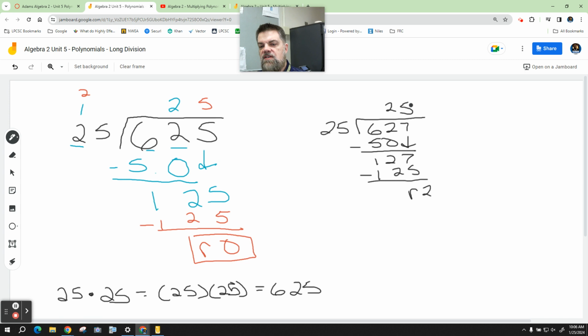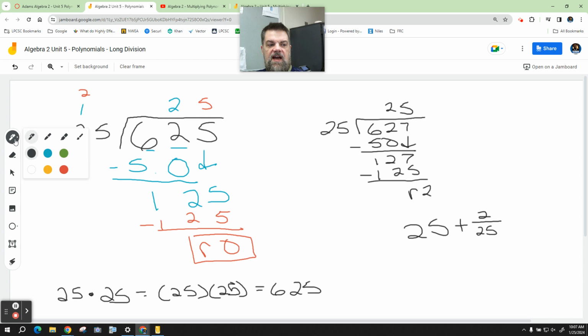Now over here, this is a little different. Our answer would be different. What we're really saying is that our solution is 25 plus, what do we add? 2 over 25. So we take the remainder.